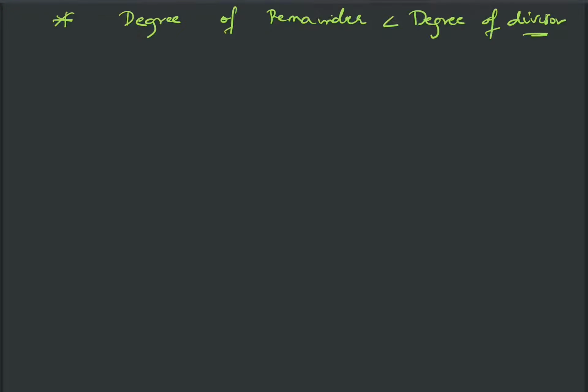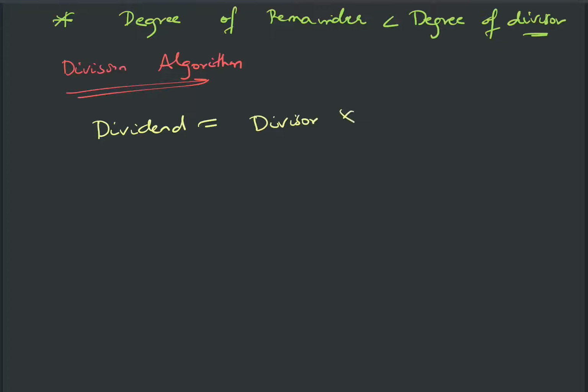So the division algorithm which we studied earlier is also valid for polynomials. That is, dividend is equal to divisor into quotient plus remainder.